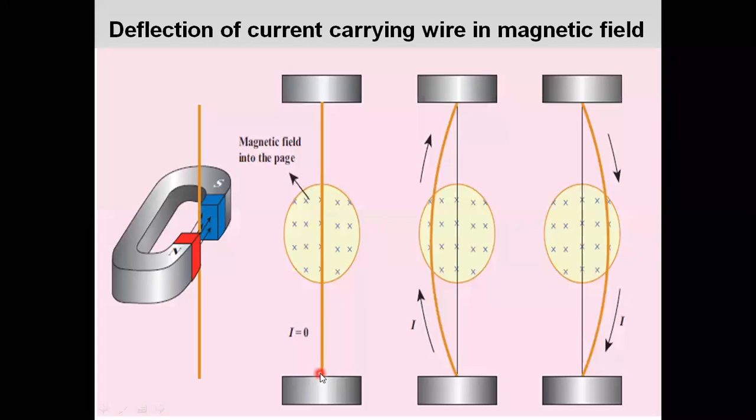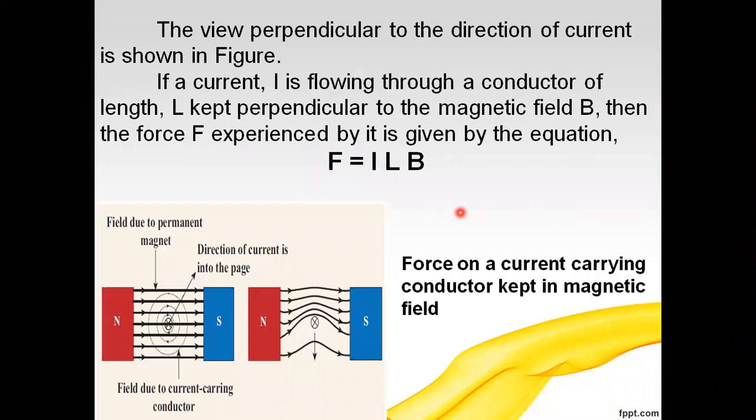You will see the magnetic field and the current are perpendicular. This is the magnetic field lines, and this is the current flowing. The two are perpendicular. The current is perpendicular to the magnetic field. Look at the same picture closely: the current and the magnetic field lines.